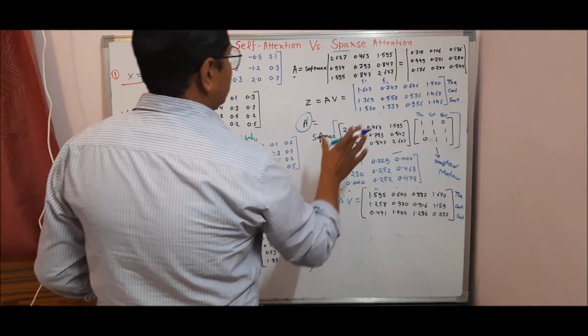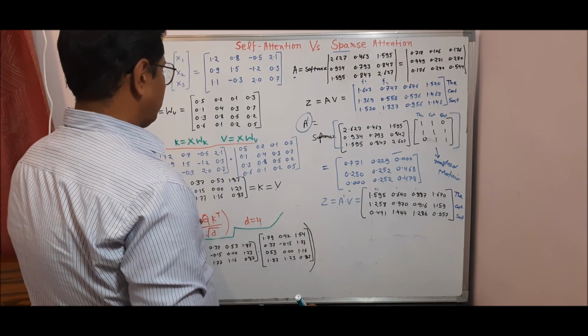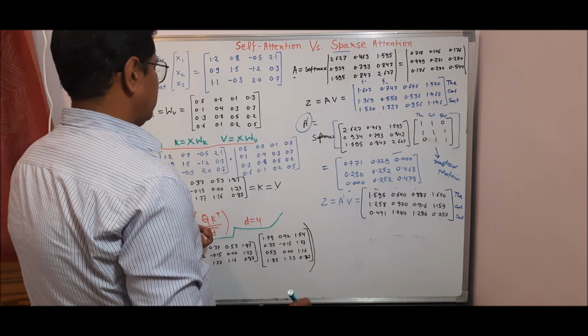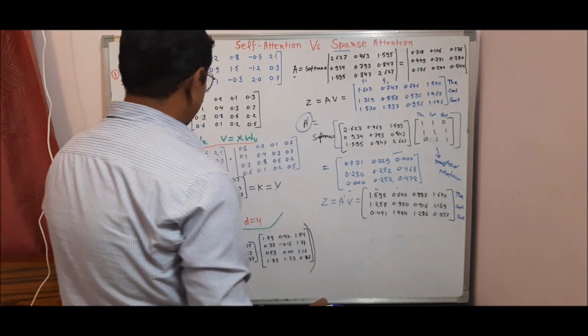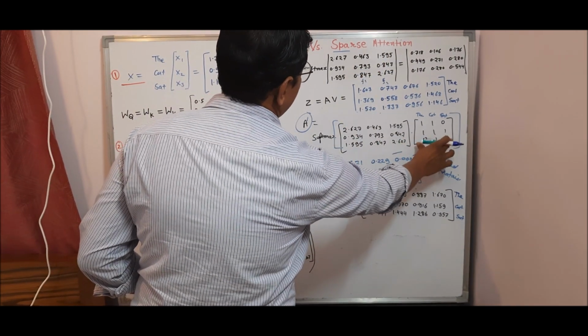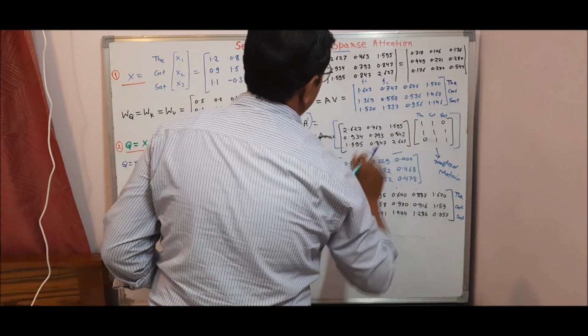Now the change happens when we compute the softmax of Q K transpose divided by root d, where d is the dimensionality. We just take this output and take the dot product with the masked attention matrix.